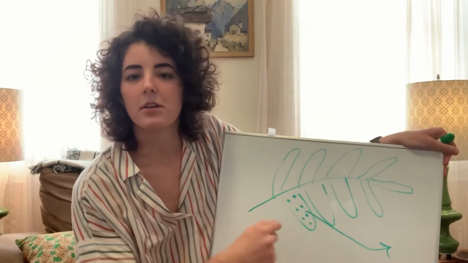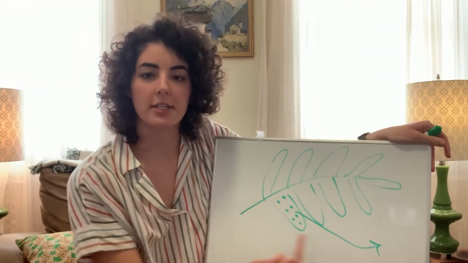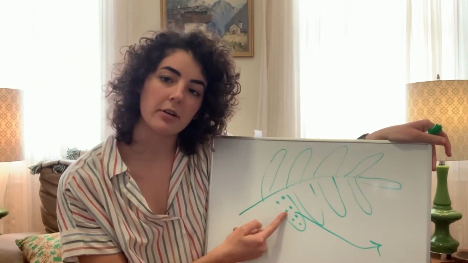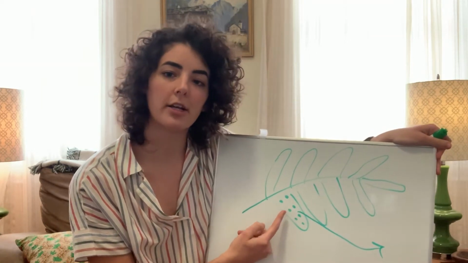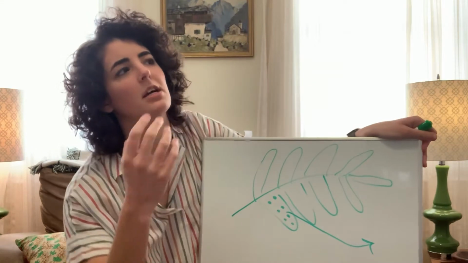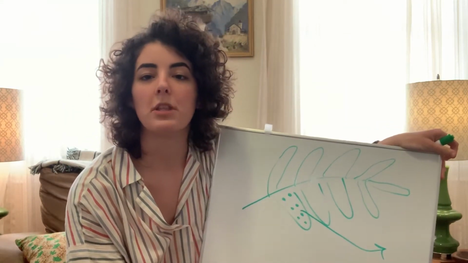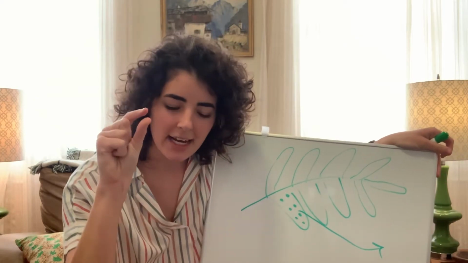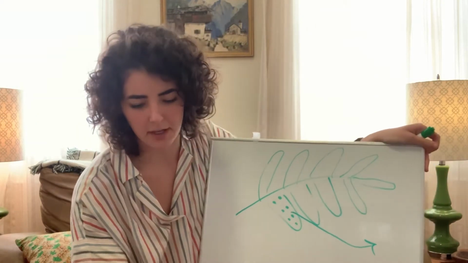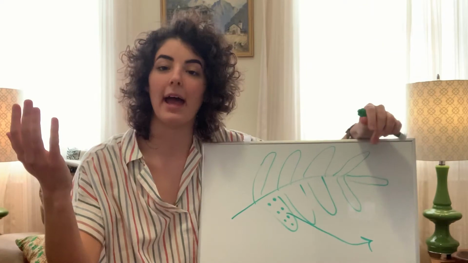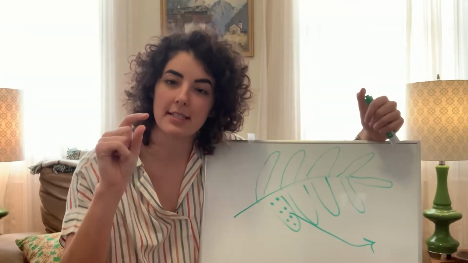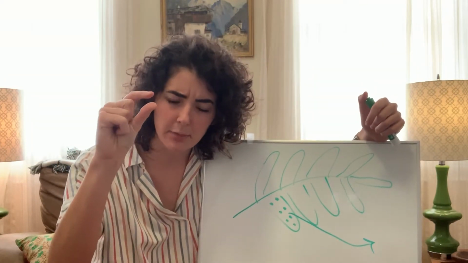So the sporophyte, which is the fern itself, makes the spores, which grow on the underside of the fern frond. They are released into the wind. Then they make their way to nice moist soil, and there they grow into the gametophyte, which is a teeny tiny little thing. The gametophyte has both male and female reproductive parts in the same little plant.